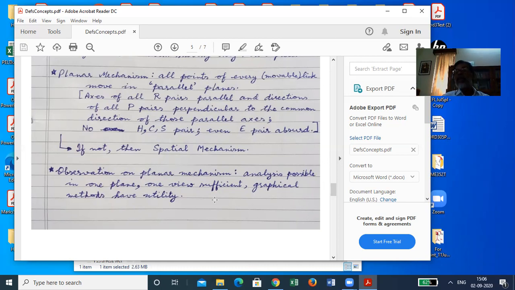And graphical methods were the most potent methods in the early study of the field, because complicated mathematical artifacts, numerical methods, and much more importantly, modern computers were not there at that time.